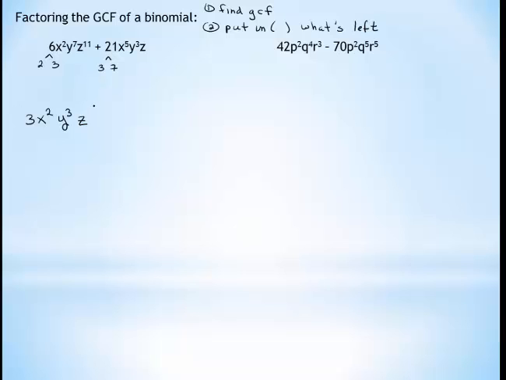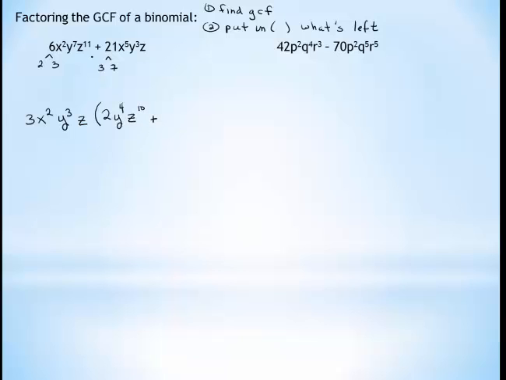Okay, so here's my GCF, but I'm factoring that out of this binomial. So if I have this 6 and I divided it by 3, I'm left with 2. There were 2 x's, I took 2 away, so there are none left. There were 7 y's, I took 3 away, so there are 4 left. There were 11 z's, I took 1 away, so there are 10 left.